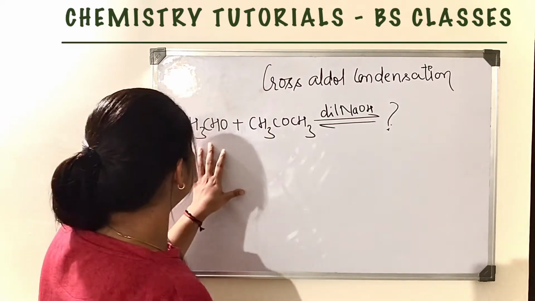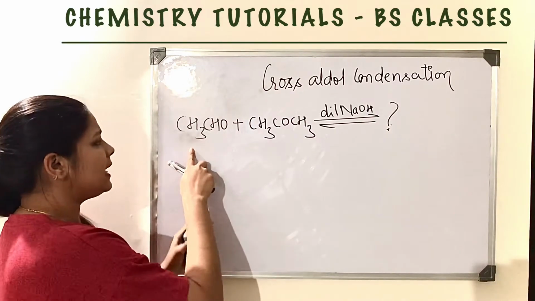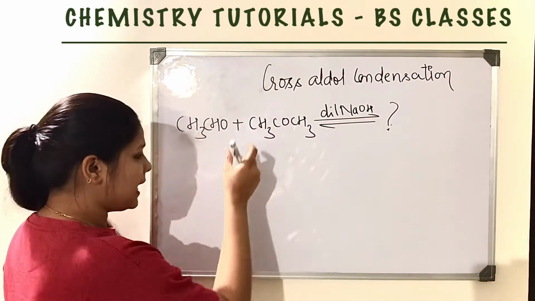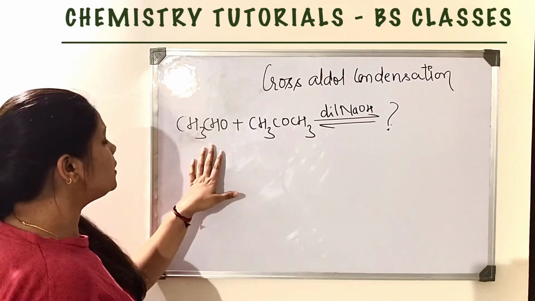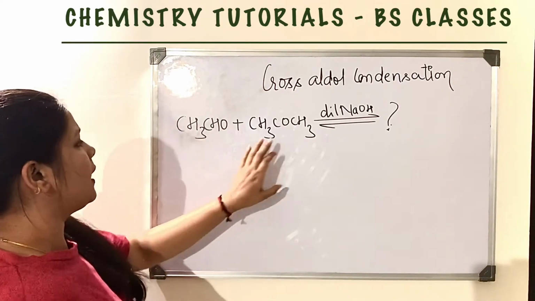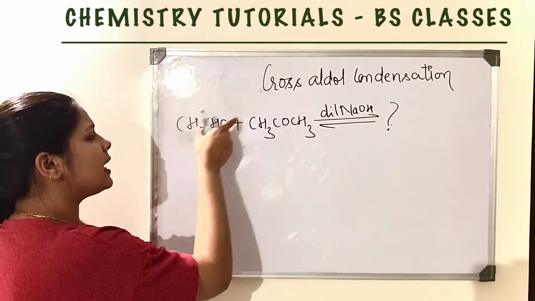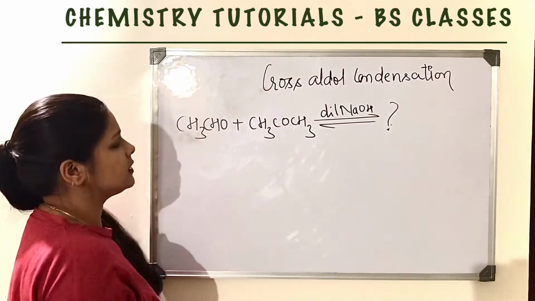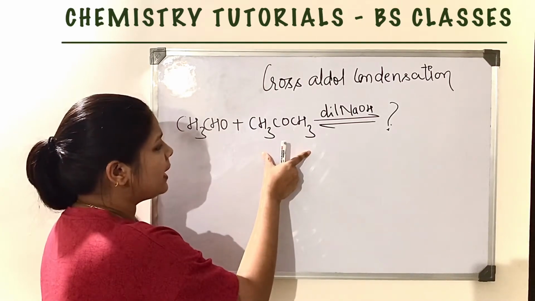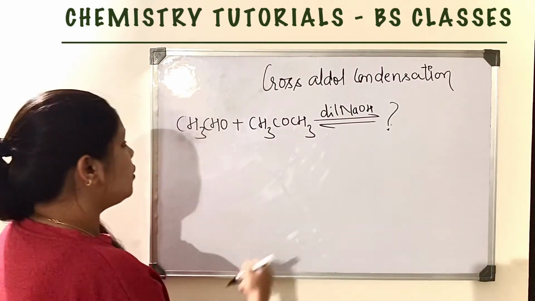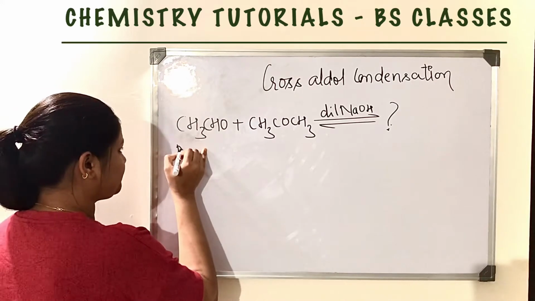Now the third possibility is when this aldehyde reacts with this ketone. That means this aldehyde is the alpha hydrogen donor, and this ketone will react with this aldehyde. In the fourth possibility this ketone is the donor of alpha hydrogen. Okay, now come to mechanism.